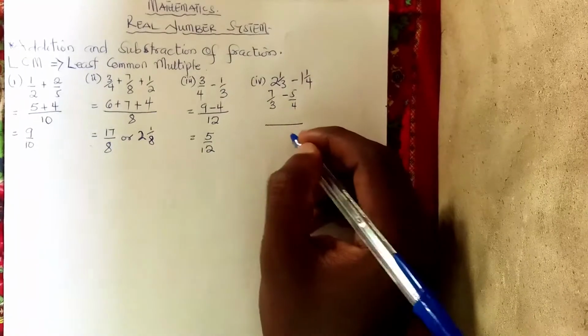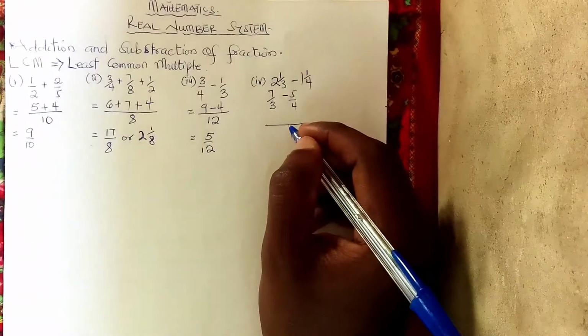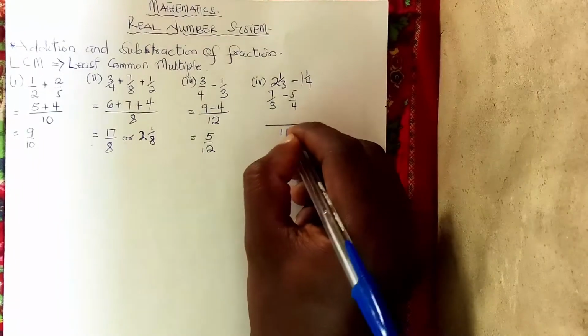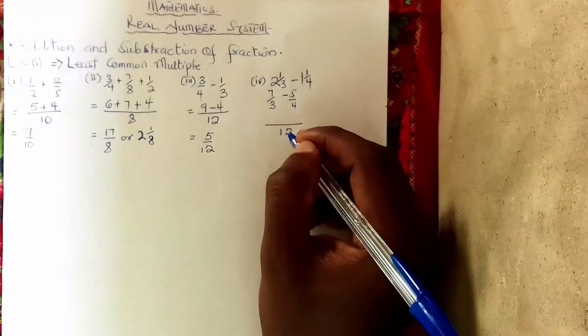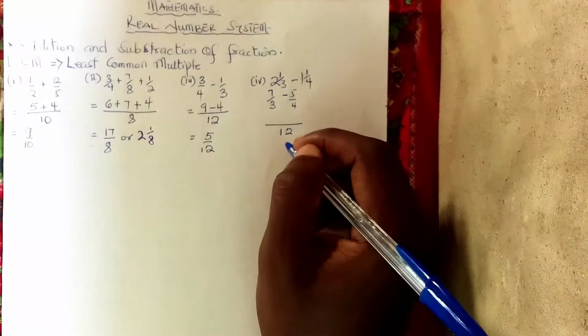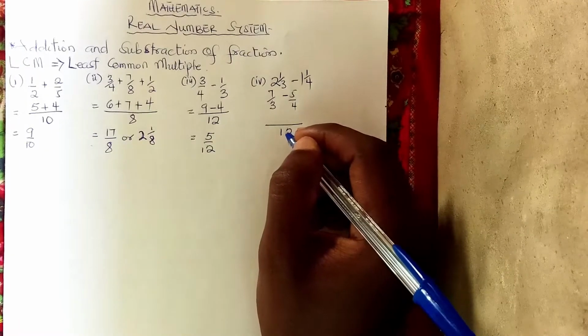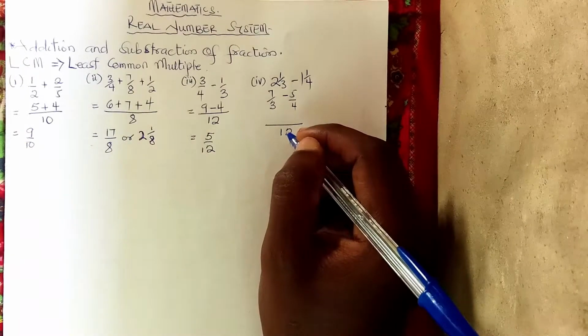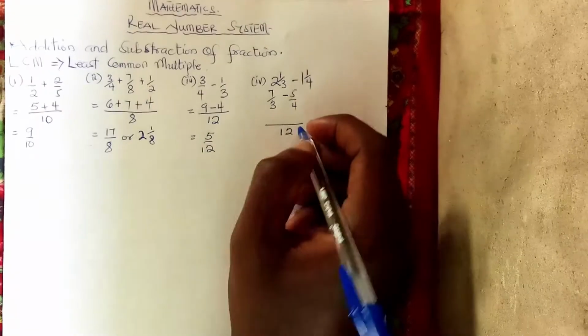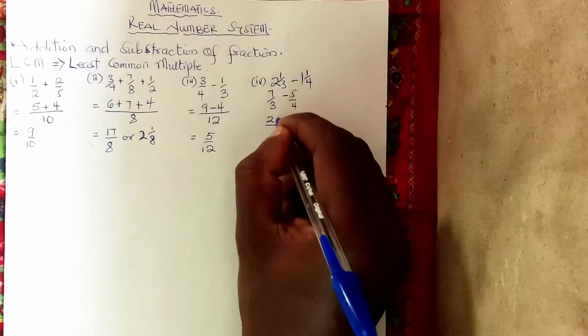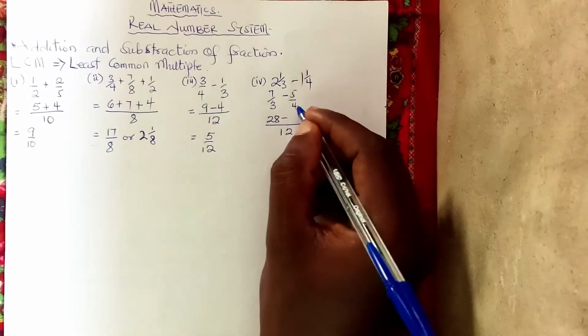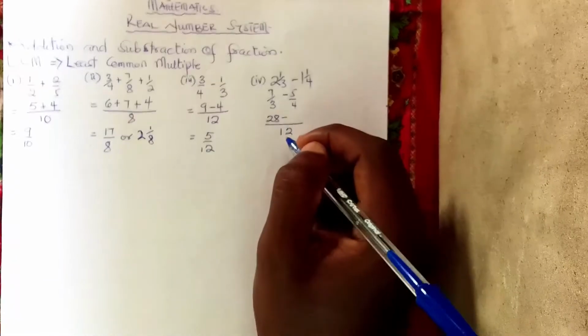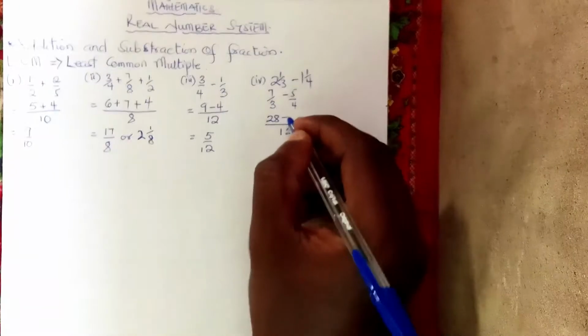Our LCM. We have 12 as our LCM. Not only 3 and 4, we have 12 as our LCM. 3 divides 12 4 times. 4 times 7 is what? 28. 28 minus 4 divides 12 3 times. 3 times 5 is 15.